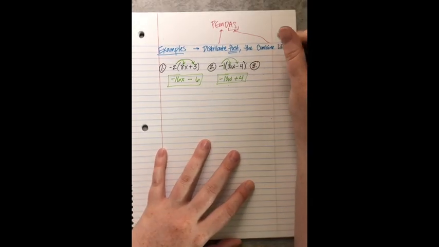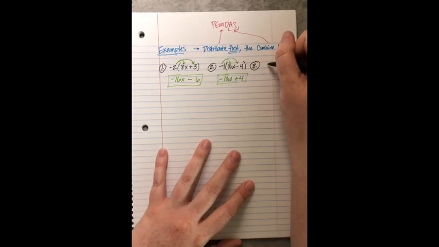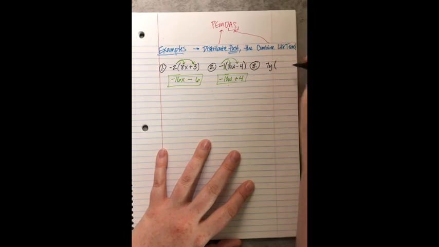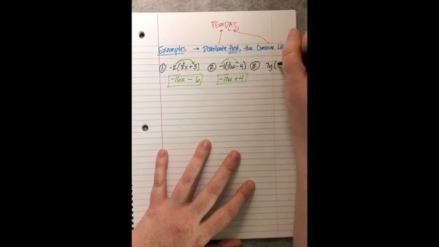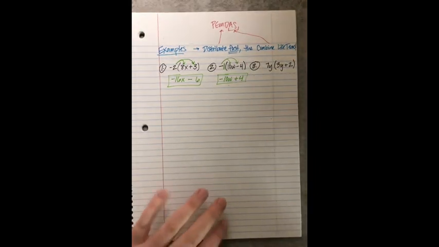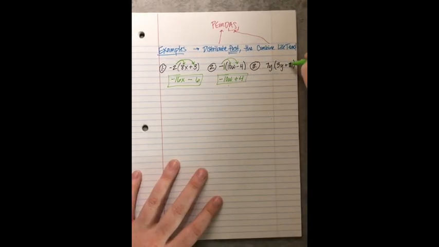Okay, now let's say we have something with a variable out front. Let's put 7y out front. And on the inside of your parentheses, write 3y plus 2. Okay, I can't simplify what's inside the parentheses, so I have to use this term out front. And I multiply. Here we go. 7y times 3y.